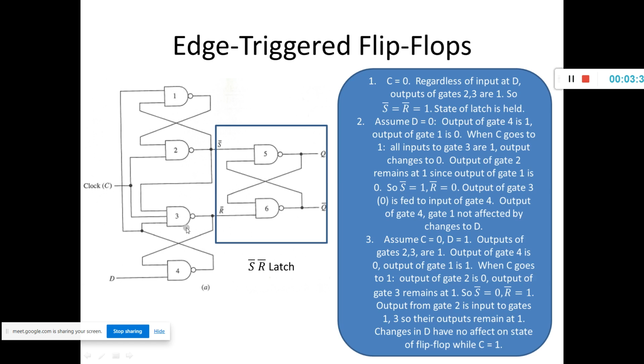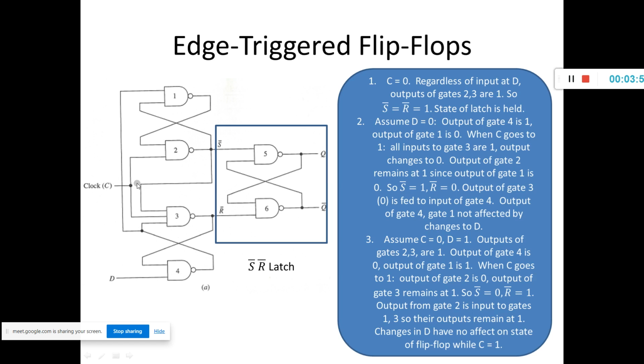And what is this? This is NAND gate 3, the output of which is connected as one of the inputs to the fourth NAND gate. Whereas D is a data input which is connected as an input to the fourth NAND gate. The output of this is connected as an input to this third NAND gate.